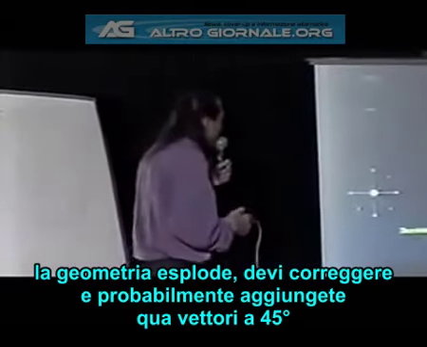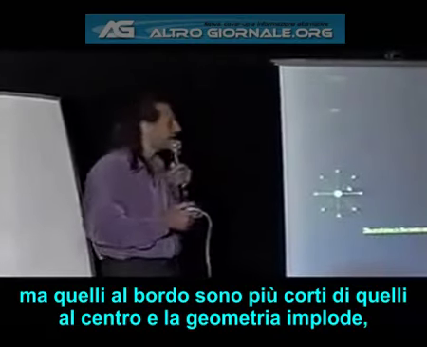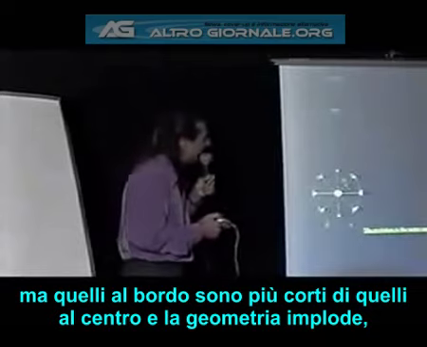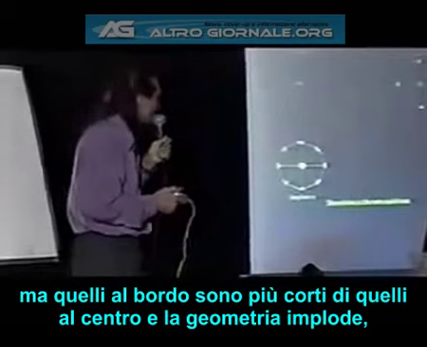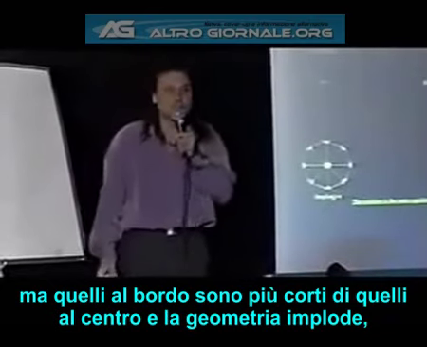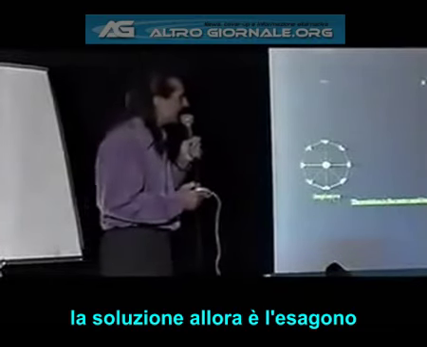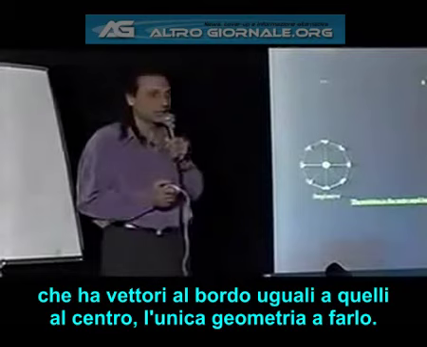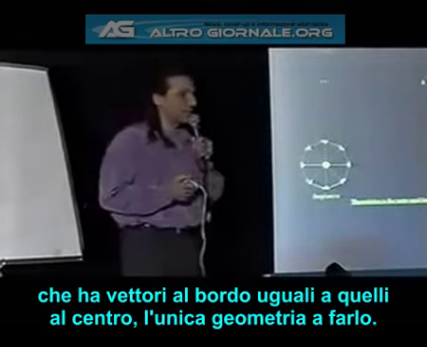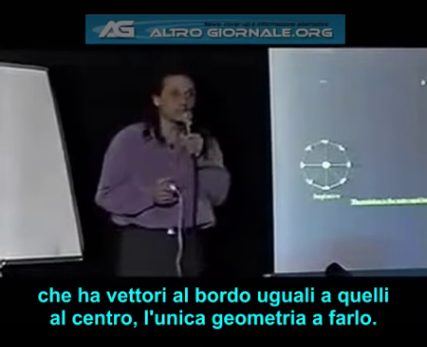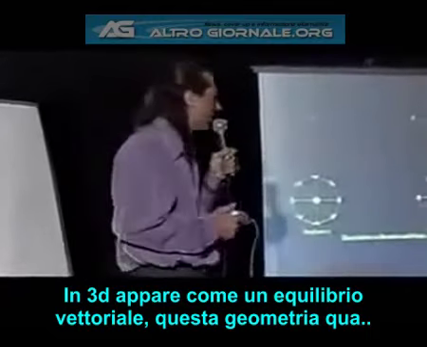Probably add vectors at 45-degree angles from these other ones. But if you did that, then the edge vectors are shorter than the vectors to the center. The geometry implodes. You still don't have equilibrium. So what's the solution? The solution is the hexagon, because the hexagon has edge vectors that are the exact same length as the vectors to the center. It's the only geometry that does that. So now you have equilibrium.